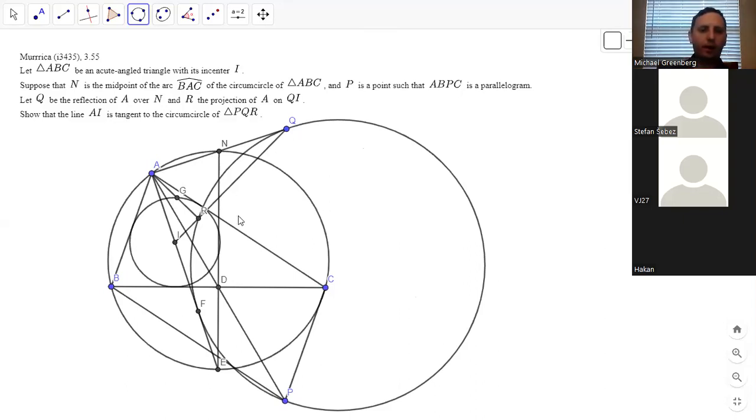So we could define F to be the midpoint, and then let's see, and then a homothety. So IN. I'm a little confused. So ND.